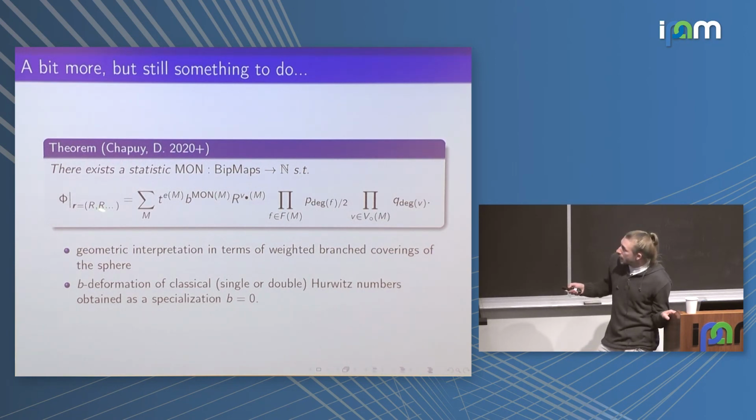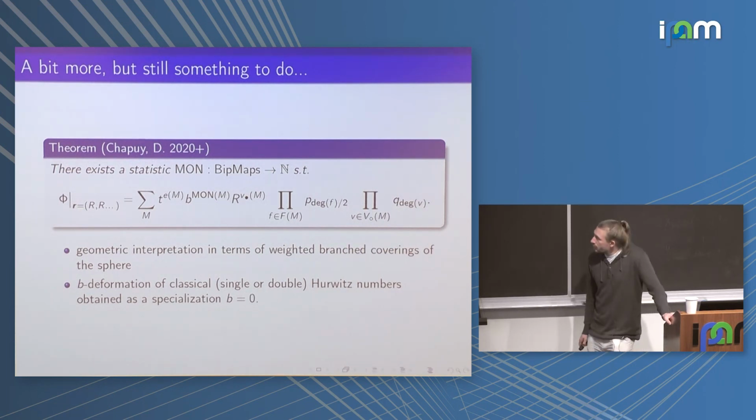For R, we are putting the same variable r, but we are able to track degrees of faces, degrees of white vertices, and number of black vertices. With this specialization, we can prove the b-conjecture, and there are some nice consequences of this formula.